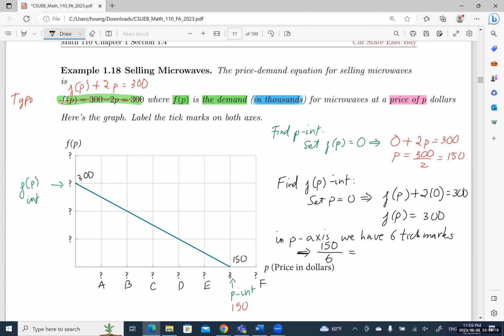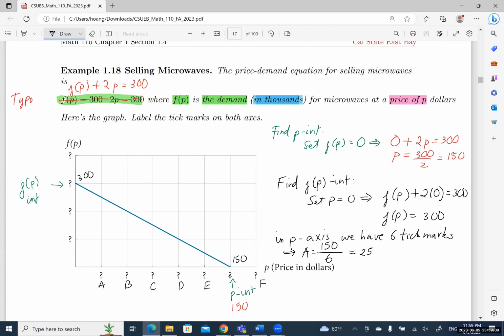So A will be equal to 150 over 6, which equals 25.